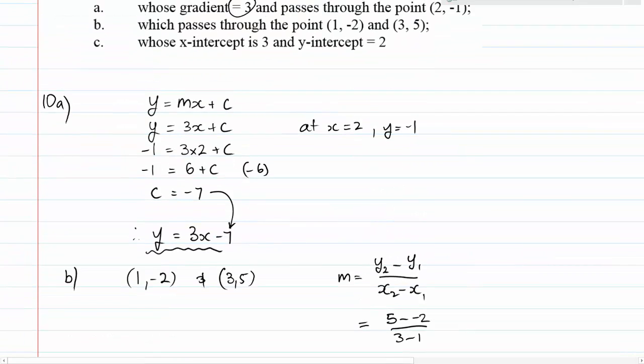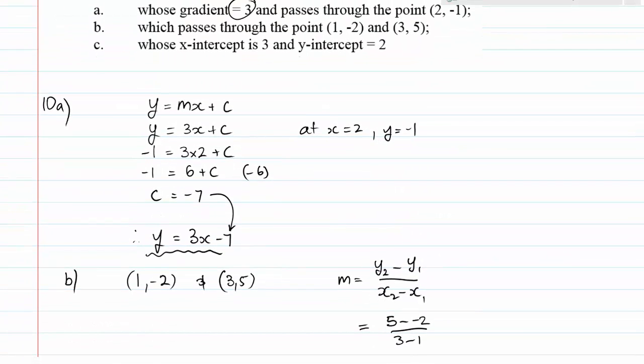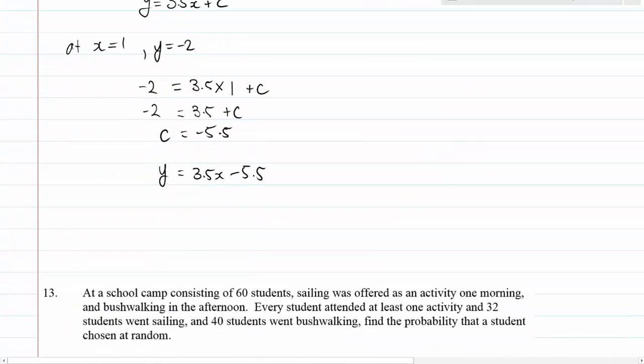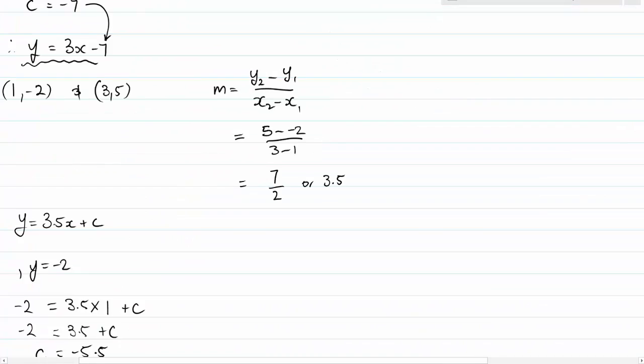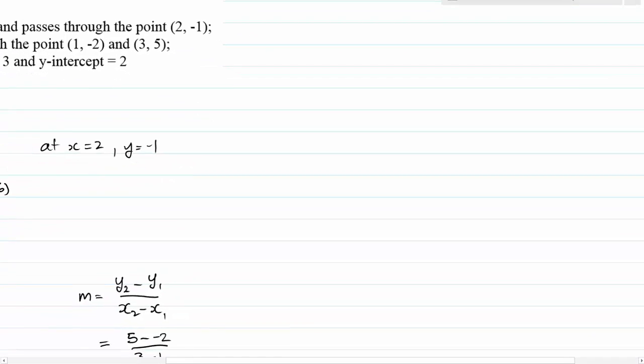And then of course part C, which is slightly different again, whose x-intercept is 3 and y-intercept is 2. I might just slide across here because I'm going to run out of space below.